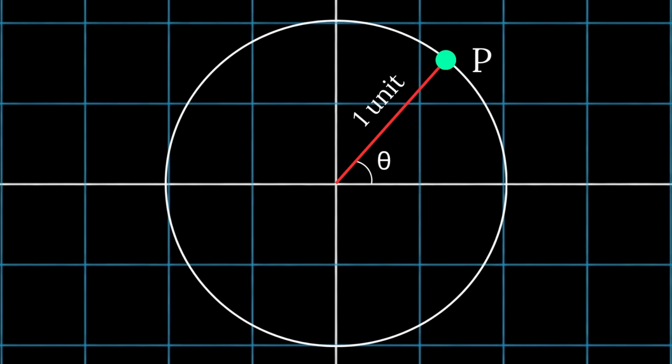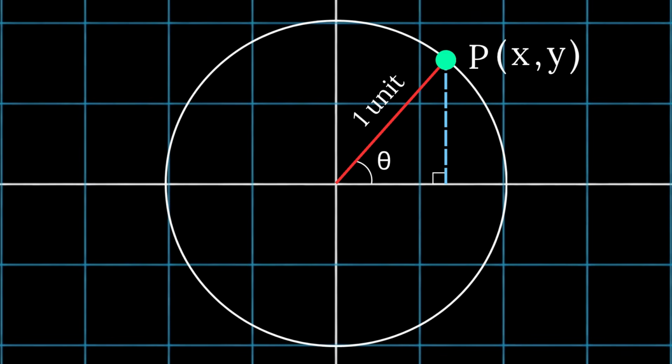From here, let's drop a line from point P that is perpendicular to the x-axis. What we see here is a right triangle with the hypotenuse being 1 unit. The coordinates of point P are (x, y), where we don't know the exact values of x and y. They're still arbitrary.